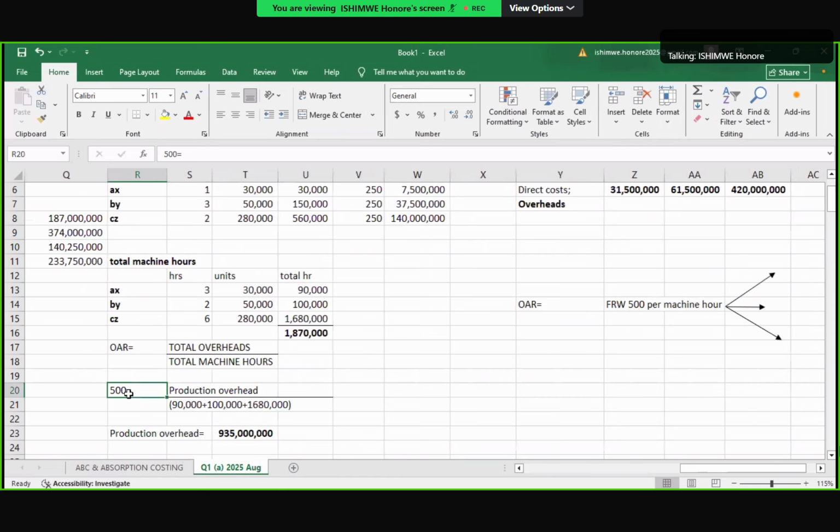So I take 500 times 90, 500 times 100, and 500 times 380.